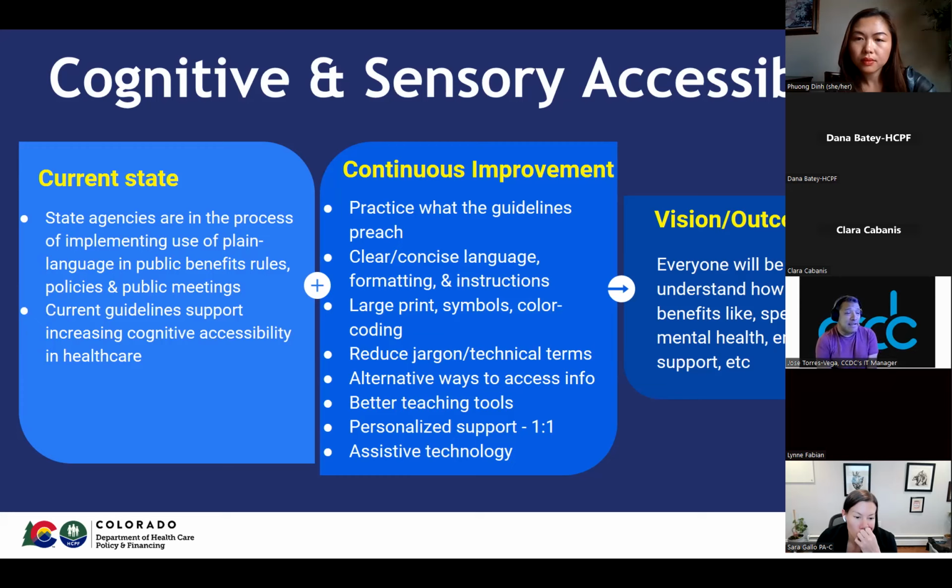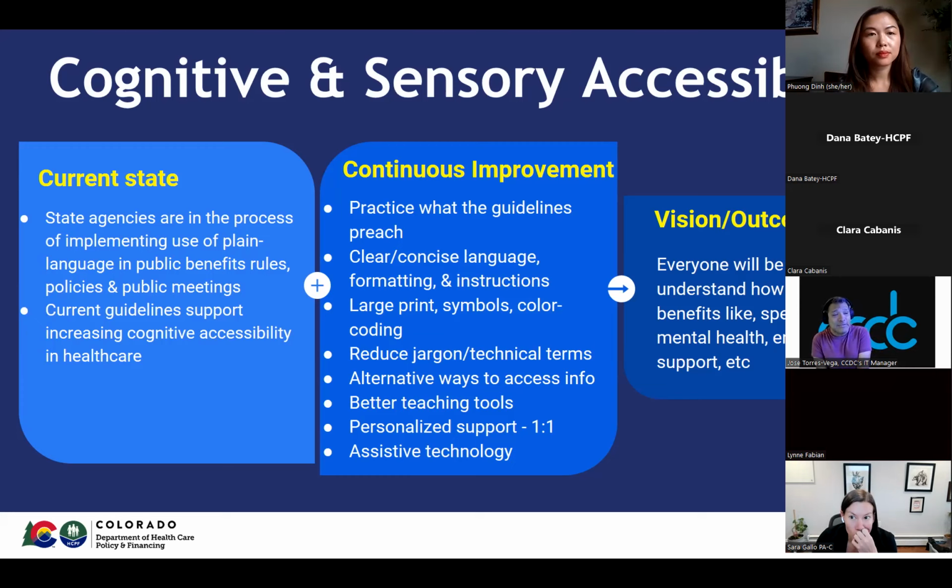Reduce jargon in technical terms is another thing. Large print symbols, color coding, that helps a lot. Depending on what we are talking about, sometimes changing a color for something or making it bigger or whatever, or using symbols to point out something helps a great deal in increasing accessibility.